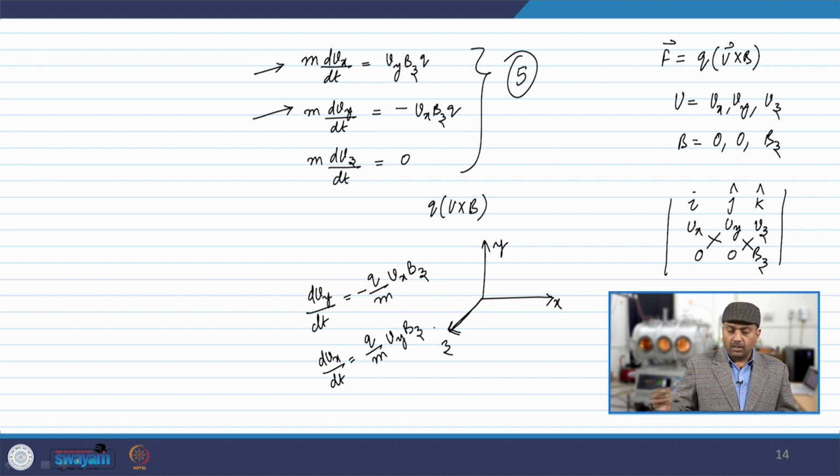It is coupled, isn't it? The x component of the velocity has velocity Vy, and the y component of the velocity has the velocity Vx.